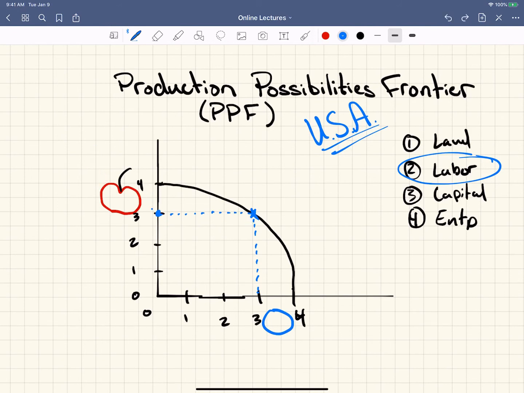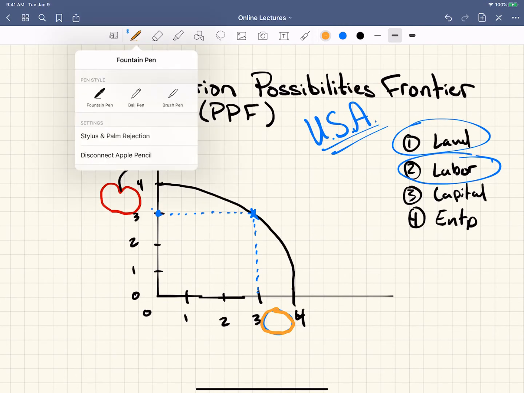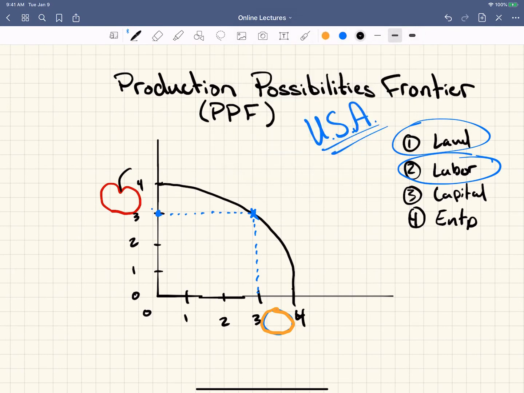And this is the same for other resources, say land, okay? I like using the example in this case of apples and oranges. So let's say this is an orange, right? We know in Washington State that we are very good at growing apples. In Florida, they're very good at growing oranges, right?